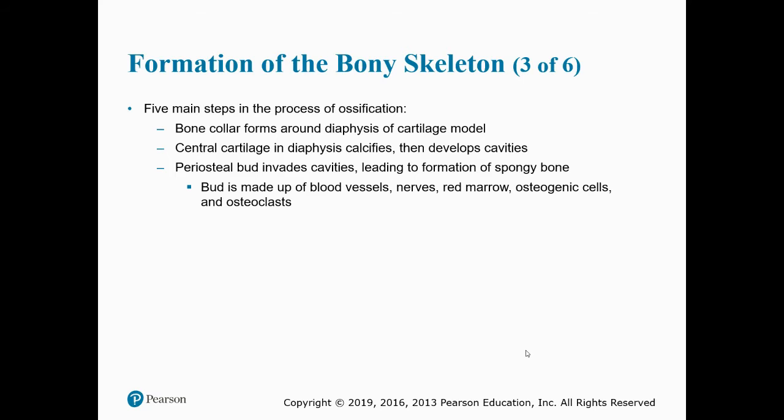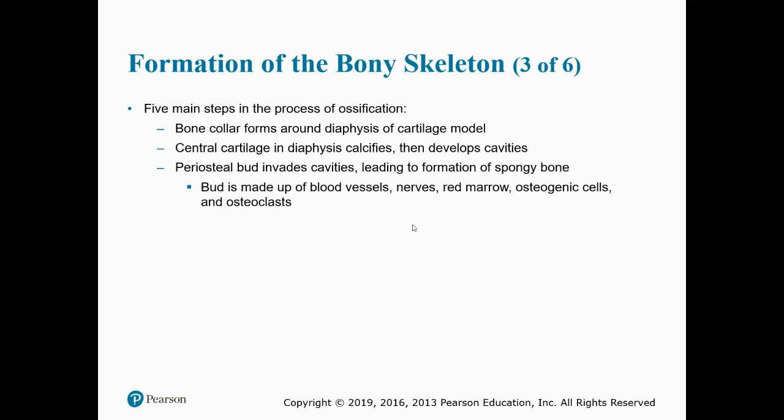Now, there are multiple steps in this process of endochondral ossification, and we'll go through each one of these 5 steps and try to understand better what is actually happening in the formation of the bony skeleton. The first step is when a bony collar forms around the diaphysis. Remember that the diaphysis is the shaft of the bone.